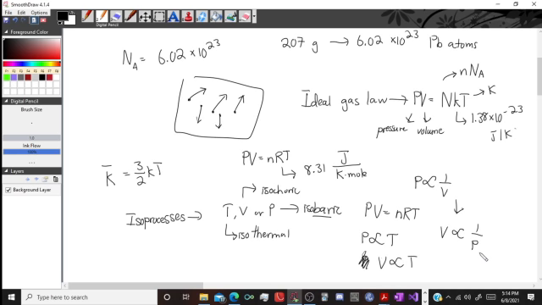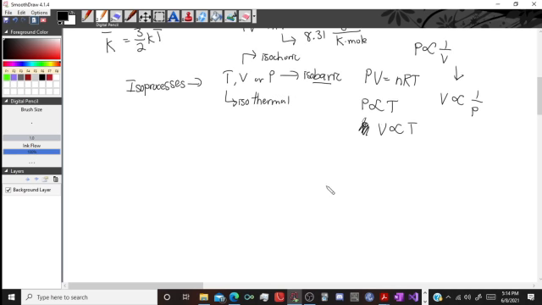This is what they would look like graphically. If you had an isothermal process and the y-axis was pressure, the x-axis is volume, it would look like this. If it was isobaric, now this is volume, this is temperature, it would look like this. And if it was isochoric, this is pressure, this is temperature, it would look like this.